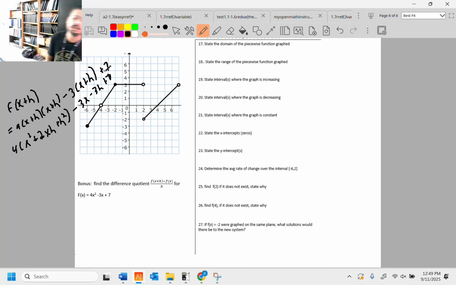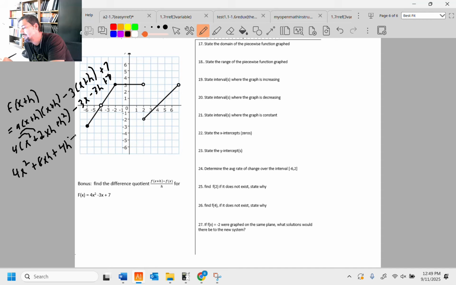I know at this point in time, half of you think this is way too much work. Anyways, that ends up being, if we distribute our 4, 4x squared plus 8xh plus 4h squared. And then minus the rest of this. Okay, I'm going to start plugging into the actual quotient now here.